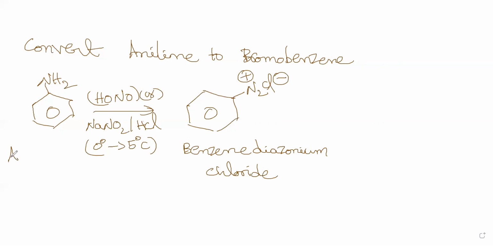This is aniline. So this, on treatment, they asked for bromobenzene, no? So we'll do Cu2Br2. We treat with Cu2Br2, and you will get it very easily. Or CuBr, or you can use Cu plus HBr.